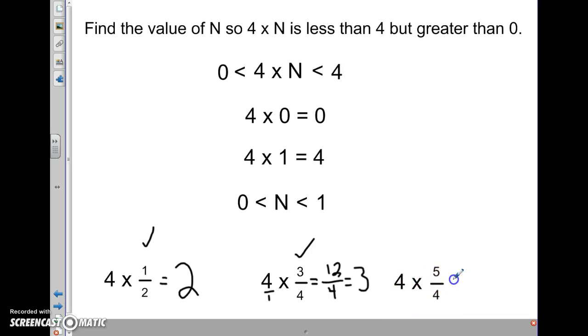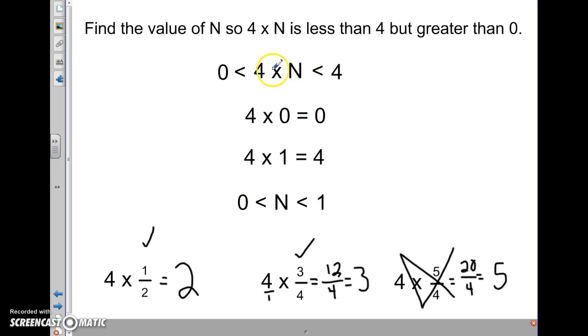So 4 times 5 would be 20, 1 times 4 would be 4, and 20 divided by 4 is 5. So if we plugged in 5/4 for n, is 5 more than 0? Yes. Is 5 less than 4? No. So that would not work.